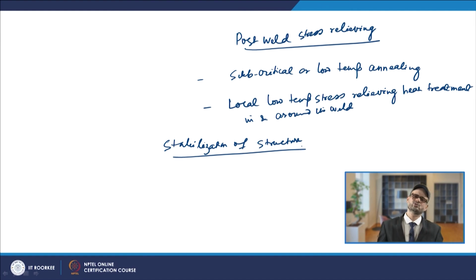It may also change with time, and may be subject to aging. So we have to stabilize the structure, and what we do is homogenize the structure using a proper annealing operation or the normalizing operation.